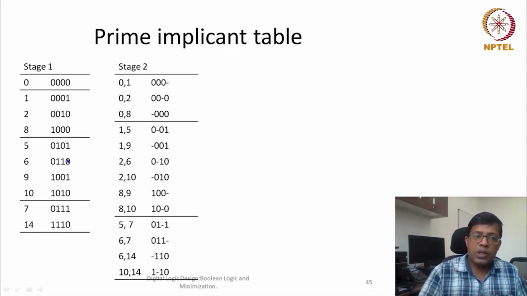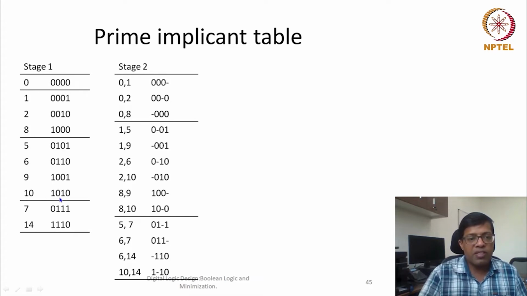Now similar to creating this group 1, we can go ahead and create group 2 by comparing group 2 of stage 1 with group 3 of stage 1, to eventually lead to group 2 of stage 2. So you see 5 and 7 can be compared.